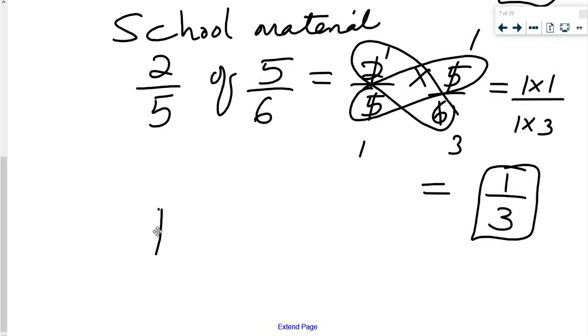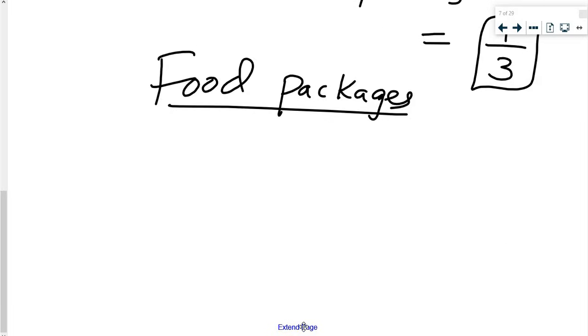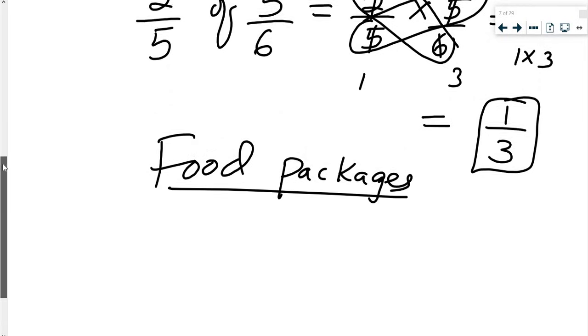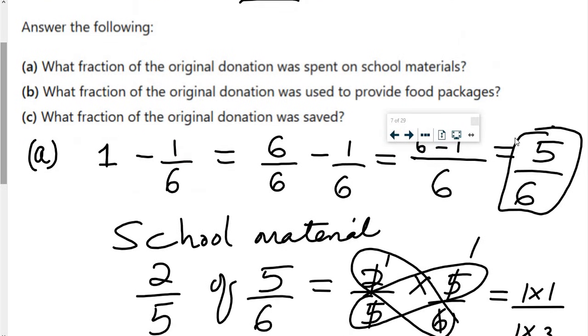Now, food packages. We're going to do the same thing for food packages. It says that 3 upon 10 of the remaining was used. Remember, the remaining was 5 upon 6.